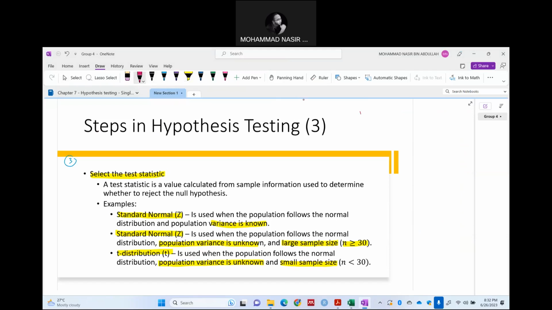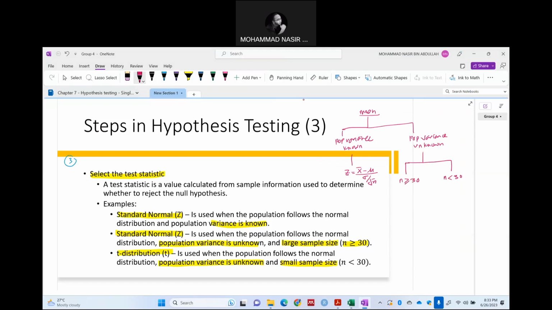So this is the test of mean. We can divide into two: population variance known, and population variance unknown. When the population variance is known, we use the Z distribution, where the test statistic is X bar minus mu divided by sigma over square root of n. When the population variance is unknown, we look into two conditions, whether n is more than or equal to 30, or n is less than 30.